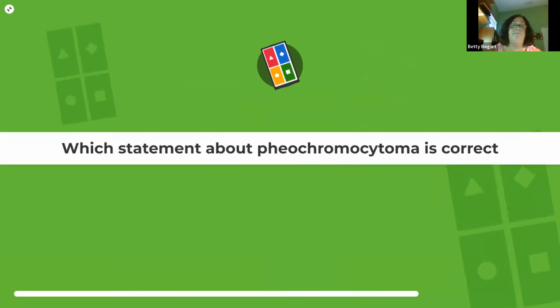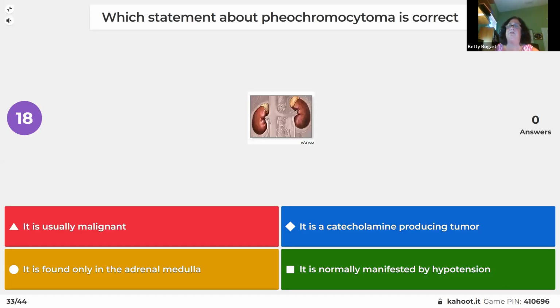What statement about a pheochromocytoma is correct? This is an adrenal gland tumor. Very difficult to find, but there are certain symptoms that we see with this.